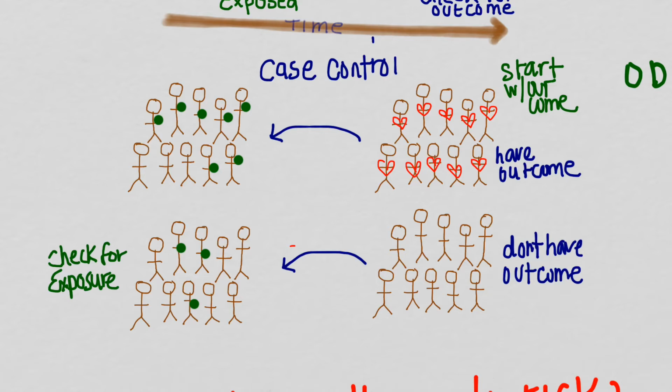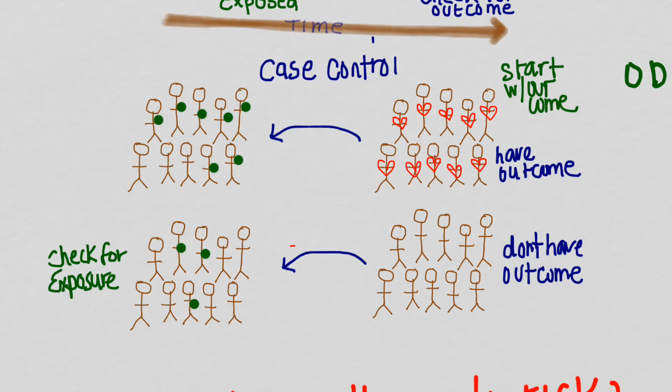What we only have, or what we start with, are the diseased people, right? We know whether or not they have the outcome or they don't. Hence, in a case control study, we can't truly calculate relative risk directly. And that's okay. That's where the odds ratio statistic comes in.